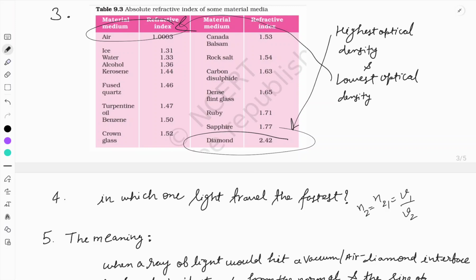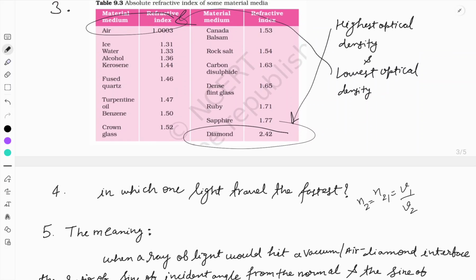So let's say diamond has a very high refractive index. So what will happen? I will give this question to you, and you can do it by yourself and tell me the answer in the comments, or I'll just give the answer in the next video.